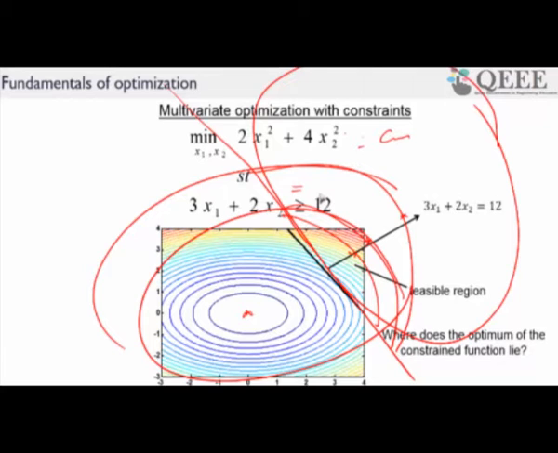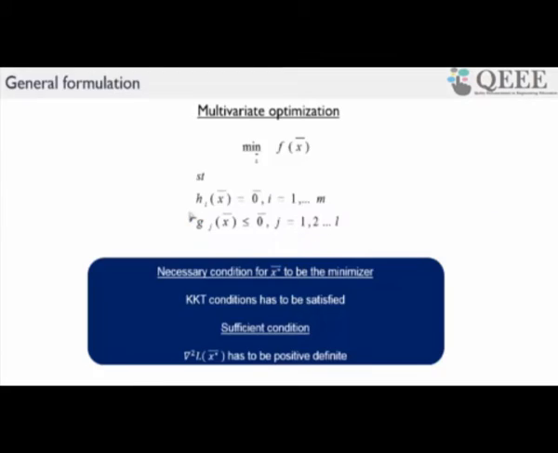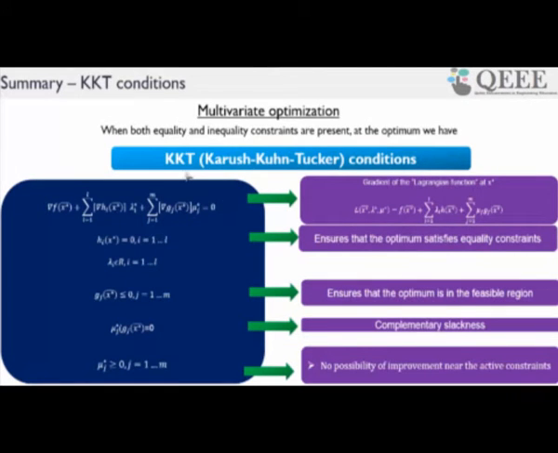Now this is one simple constraint and a simple objective function. If it turns out that there are many constraints and the objective function is more complicated, how would someone codify all of this into an optimization algorithm? That is given by what we call the Karush-Kuhn-Tucker conditions.